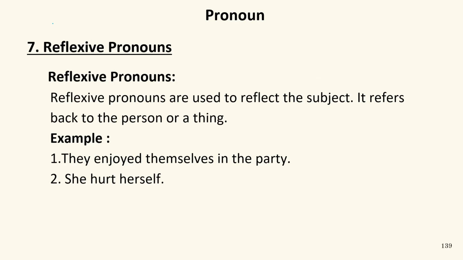Now we have another type of pronoun, that is the reflexive pronoun. Let us discuss this pronoun. Now what is a reflexive pronoun? Reflexive pronouns are the pronouns that show the reflection of something. It shows the reflection of subject in object, or you can say the subject reflects itself in place of the object.